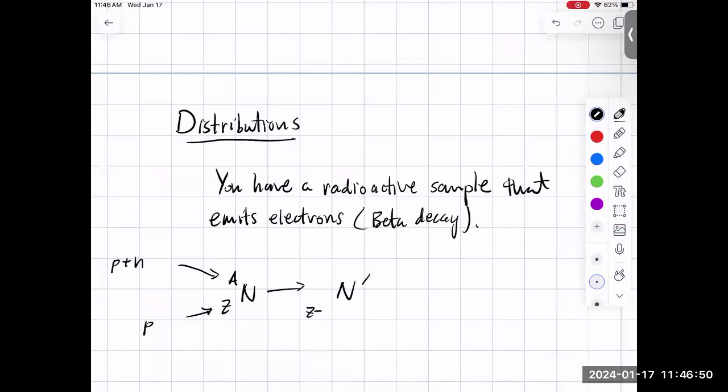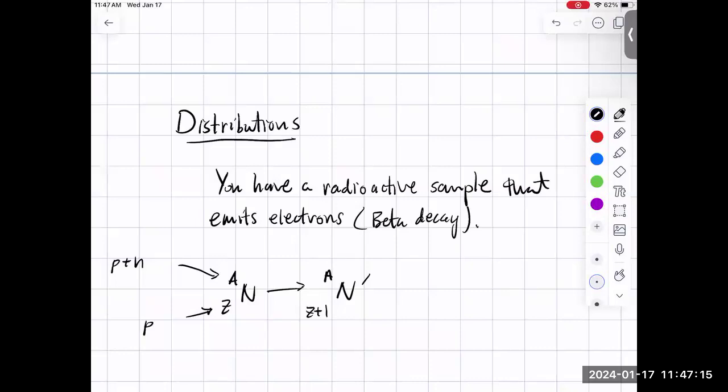And the way that it does it is it converts a neutron into a proton. To make a neutron become a proton and still conserve charge, it must emit an electron. So we have the same number of nucleons, the number of protons and neutrons is the same.